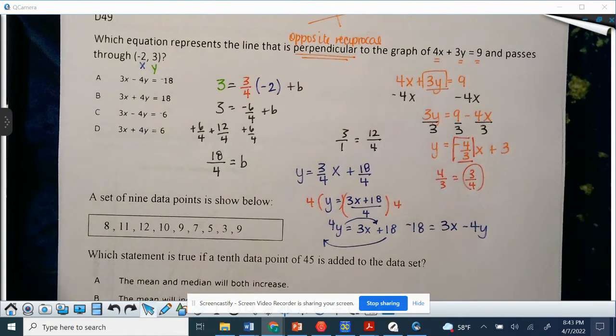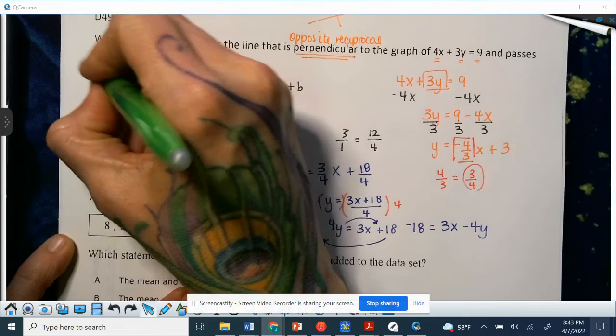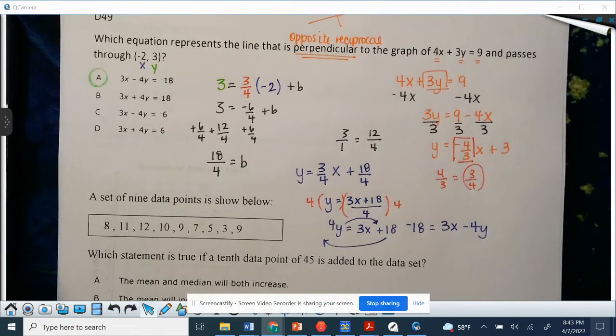If we did it the normal way and just moved the 3x over, none of your choices would work unless you multiply the whole thing by negative 1, which is the same thing as flipping sides across the equal sign. It's just changing the signs of all of the terms. So your answer should have been A, 3x minus 4y equals negative 18.